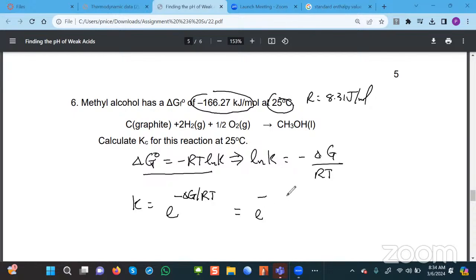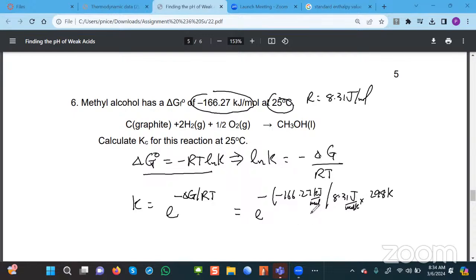So that's e to the minus delta G. So that's minus 166.27 kilojoules per mole divided by R, which is 8.31 joules per mole Kelvin, times T, which is 25 degrees Celsius, which is 298 Kelvin, all right? Now, again, we have to do some unit conversion here because we have joules here.